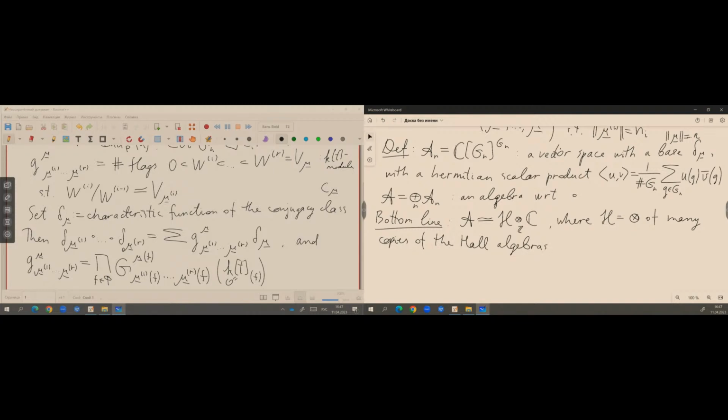Well, copies of Hall algebras, H of a polynomial ring localized in maximal ideal F, well, maybe tensor product over all F irreducible polynomials. Okay.